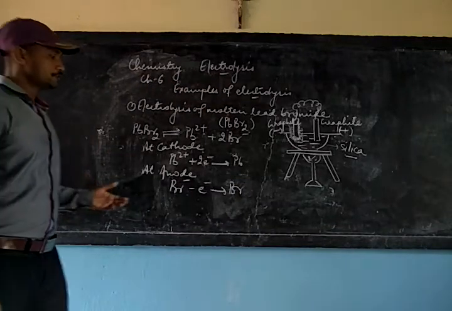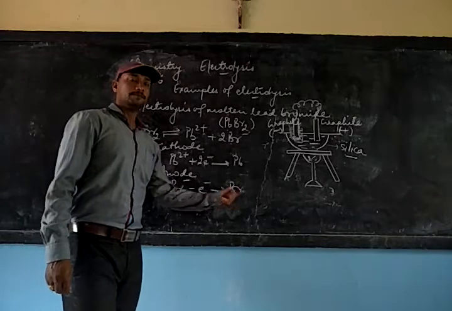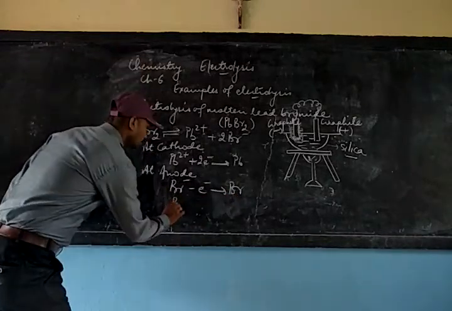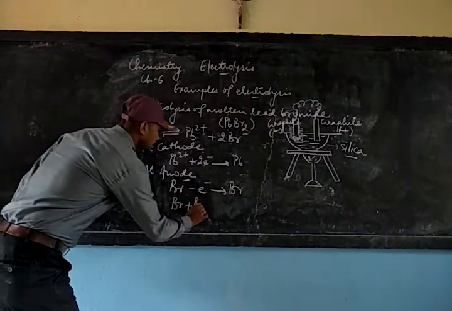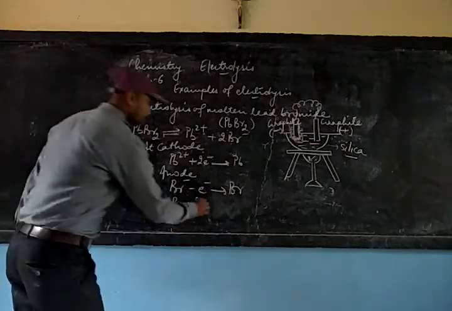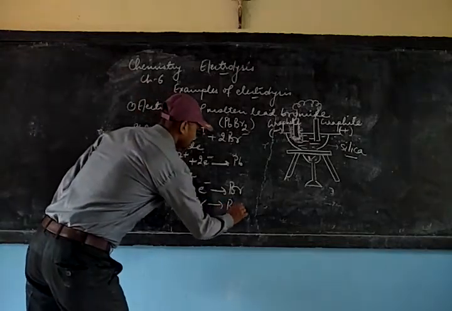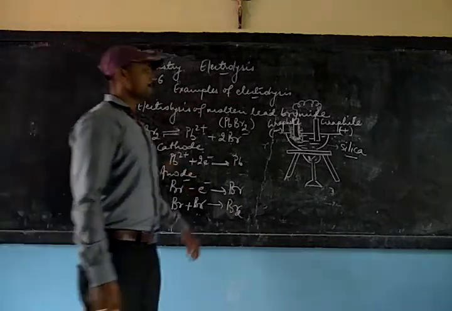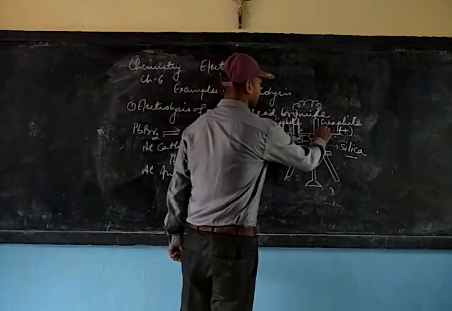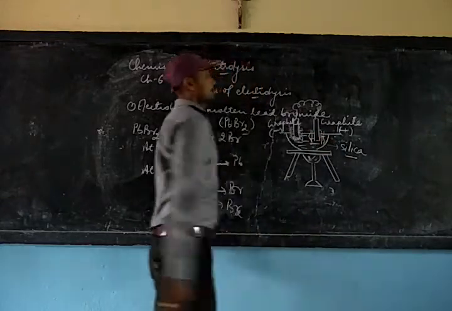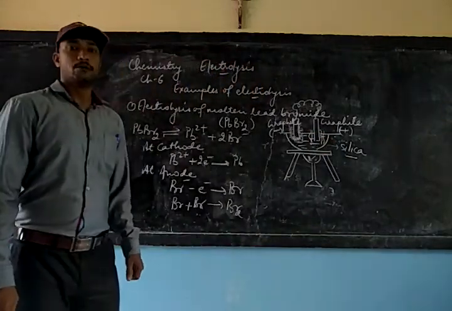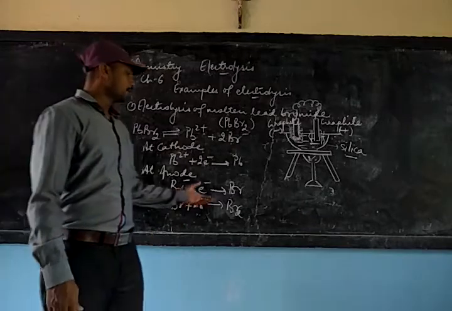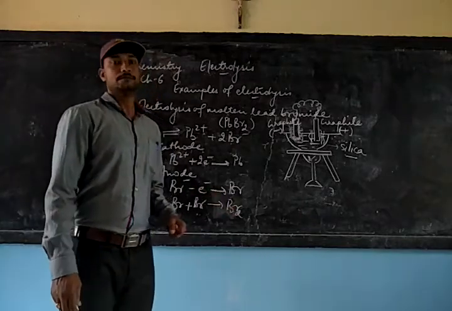But since it is an unstable atom, two such bromine atoms will combine and change into bromine vapor or bromine gas. It is this bromine vapor that we can find coming out towards the anode, and the color of bromine vapor is brown.